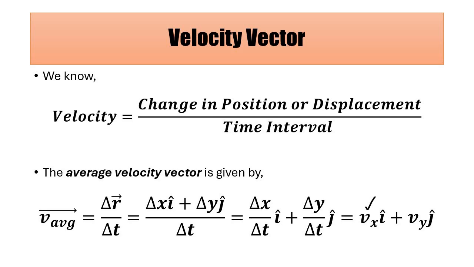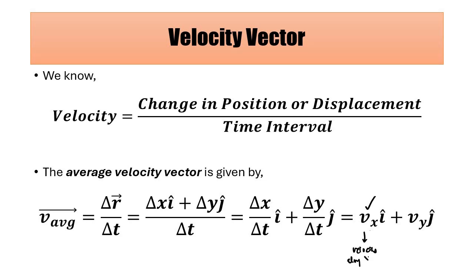Similarly, delta y by delta t is the change in position along the y-axis with respect to time, so that gives us the velocity of the object along the y-axis. So along the x-axis i cap, along the y-axis j cap.